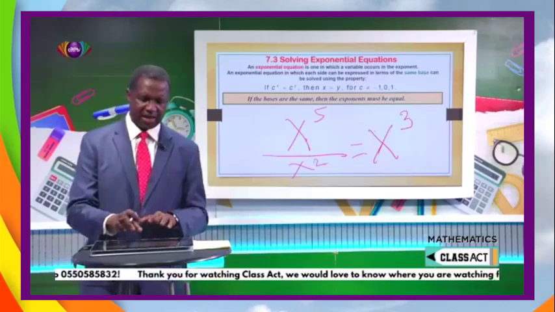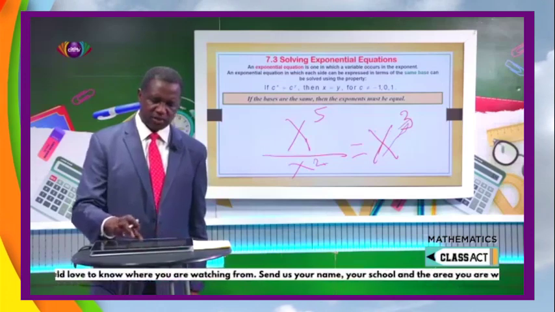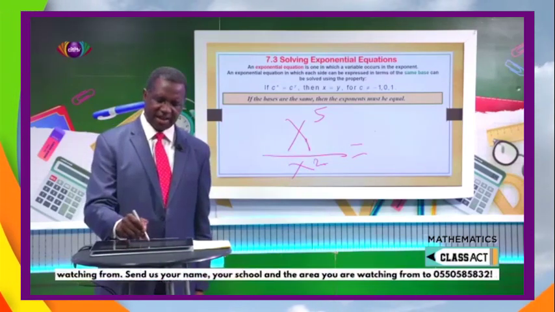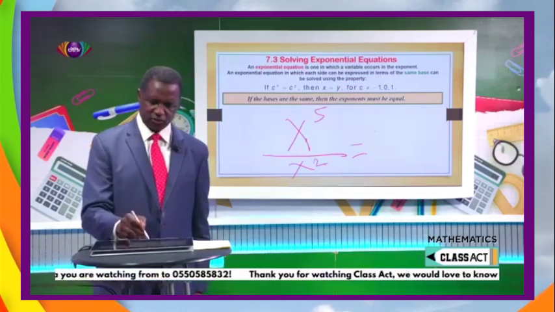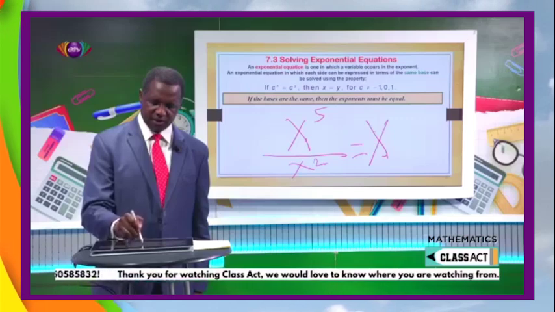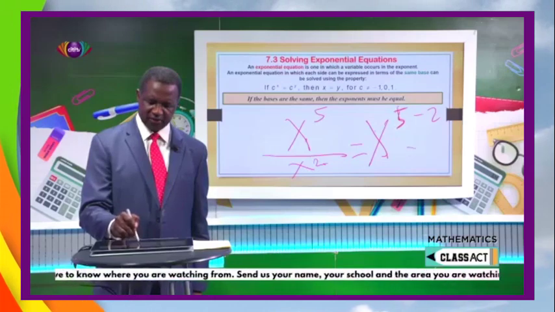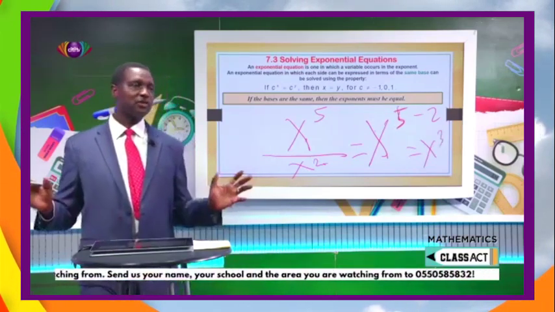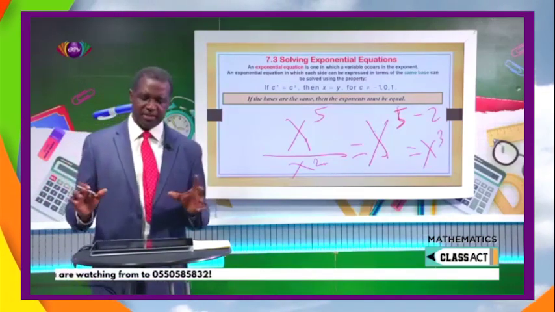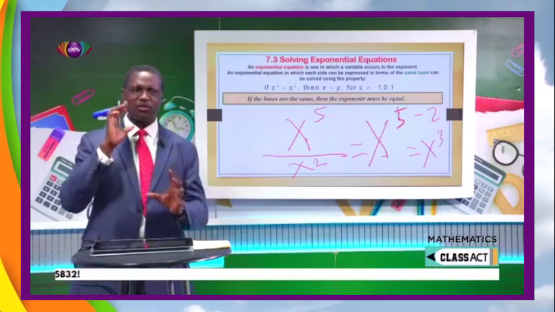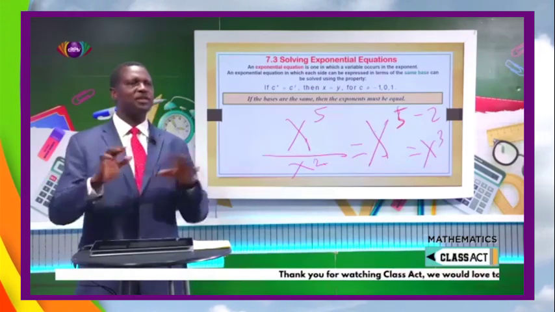So the reason why I got x to the power of 3 is that I simply subtracted: x to the power of 5 minus 2 gave me x to the power of 3. So that's another rule. Once you begin to look at this, exponents become a bit easier. And once you can get exponents to make sense, then exponential equations become easy.